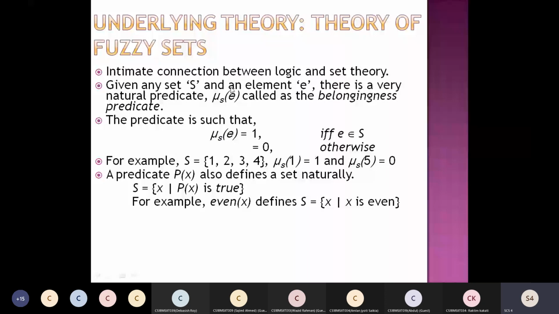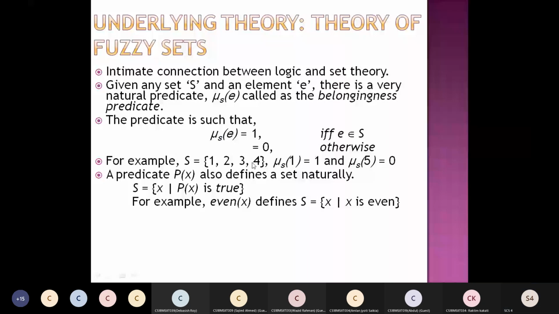Okay, so this predicate is such that if this is one, this means this is belonging to that set. Meaning, suppose an element is in this set, then the value of this membership function is 1. If this is 1, this means that element is belonging to that set. If it is not belonging to that set, this is 0. Simple, right? But that is for normal sets.